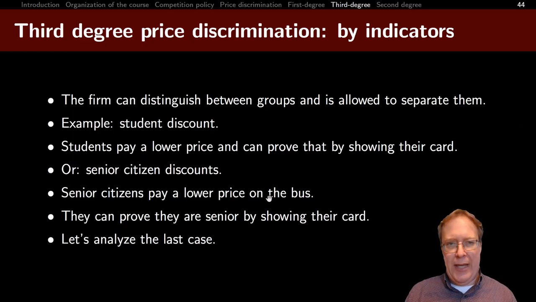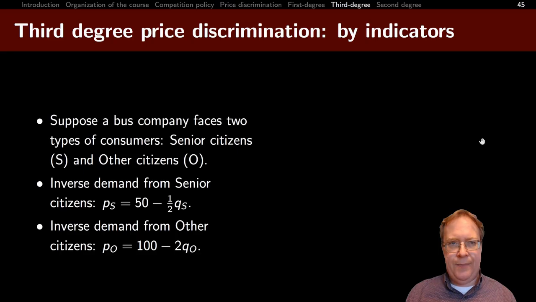Senior citizens pay a lower price on the bus, and let's analyze that case. Suppose that you operate a bus company and you face two types of consumers. There are senior citizens, which we denote as S, and there are other citizens denoted as O. Each has their own demand function. This is demand from senior citizens, and this is demand from other citizens.